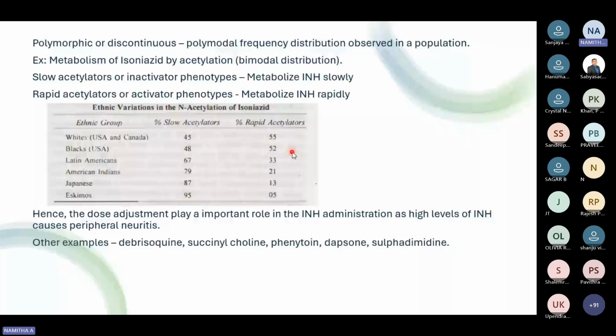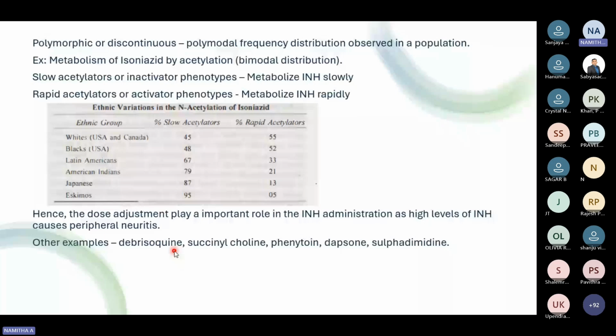Likewise, Latin Americans, American Indians, and Japanese have different acetylator proportions. Hence, dose adjustment plays a very important role in isoniazid administration, as high levels of isoniazid can cause peripheral neuritis. Other examples of ethnic variations are debrisoquine, succinylcholine, phenytoin, dapsone, and sulfadimidine.